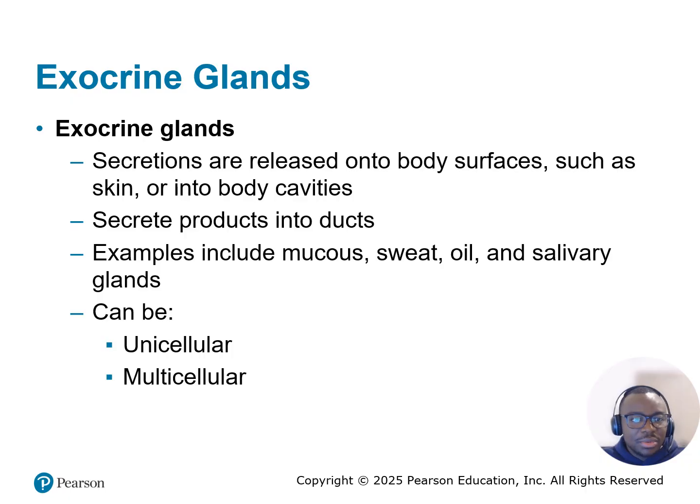Exocrine glands secrete their products into ducts, and the secretions are released onto body surfaces such as the skin or into body cavities. Examples include mucous glands, sweat glands, oil glands, and salivary glands. Exocrine glands can be classified as unicellular or multicellular.